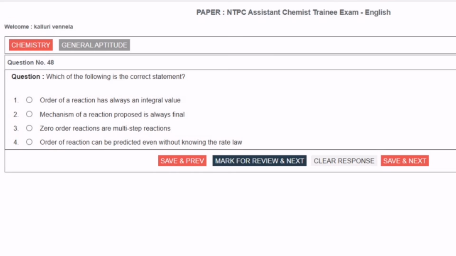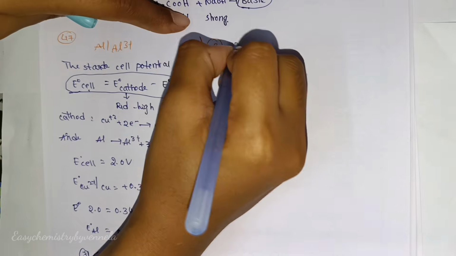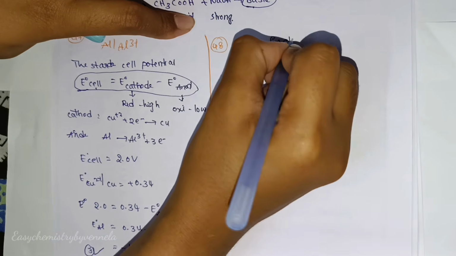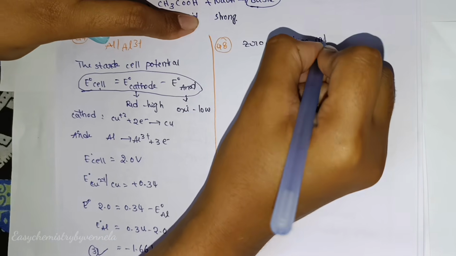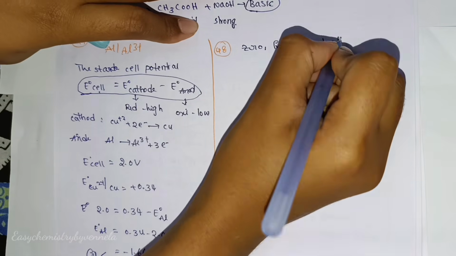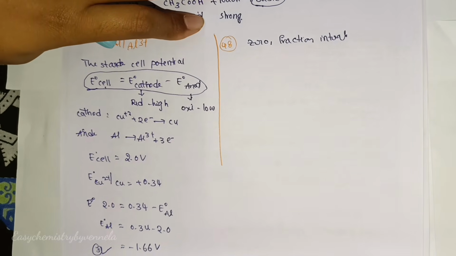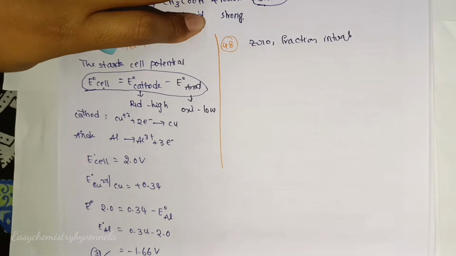Next question. Which of the following is the correct statement? Order of reaction has always an integral value. No. It might be 0, fractional or integral. So this is not correct. Mechanism of a reaction proposed is always final.